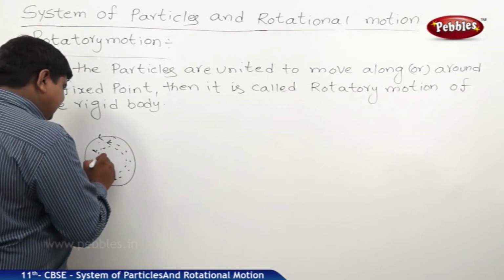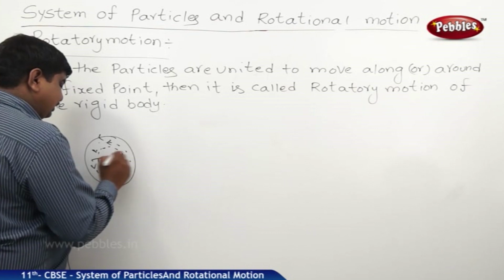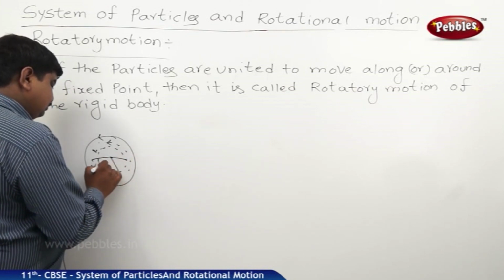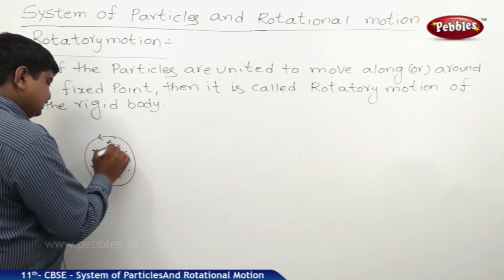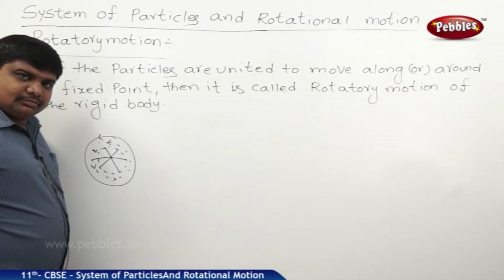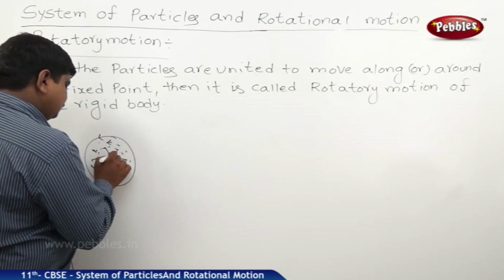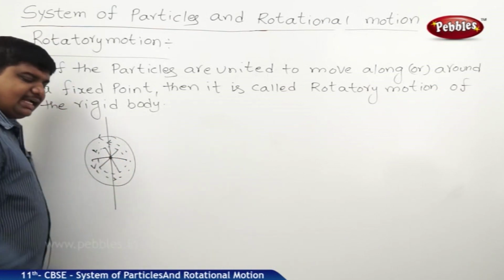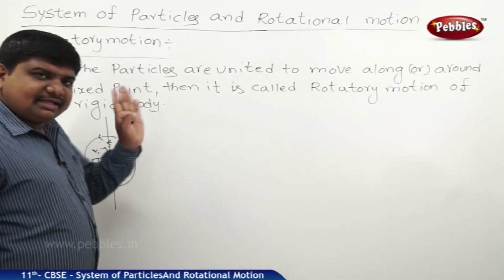Locus means all these are rotating about a fixed point. So we can assume like this. So this is the rotatory axis. Around it, all particles are moving.